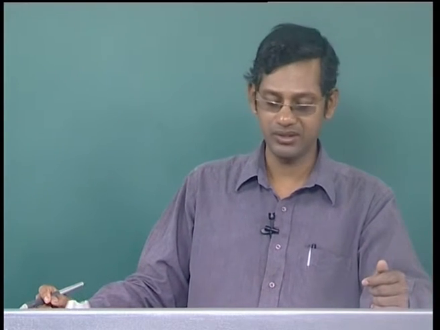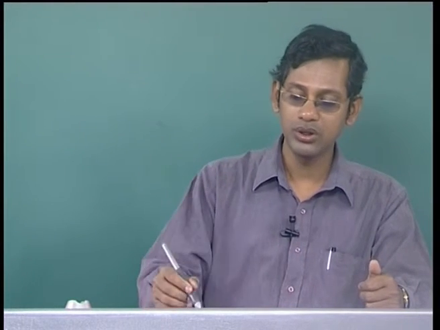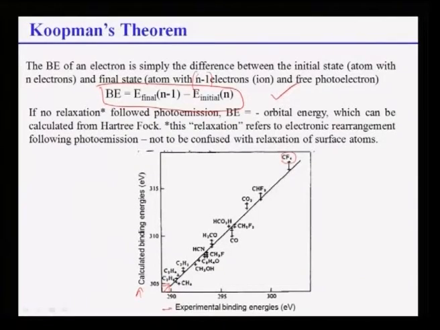That means Koopman's theory predicts what is to be calculated and then measured. So this is true, and please try to remember this equation. When there is ionization, this is how we can calculate. Here we have not considered the free electron; we thought it has no effect because of the relaxation.